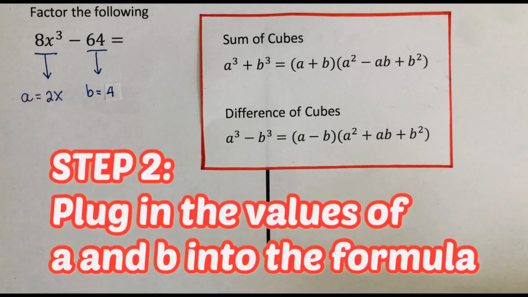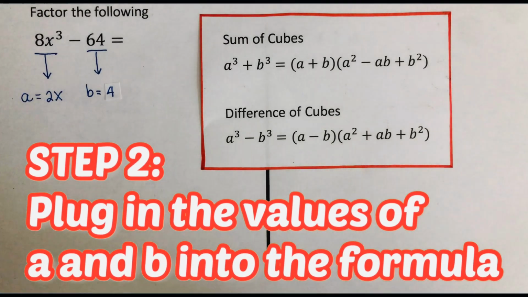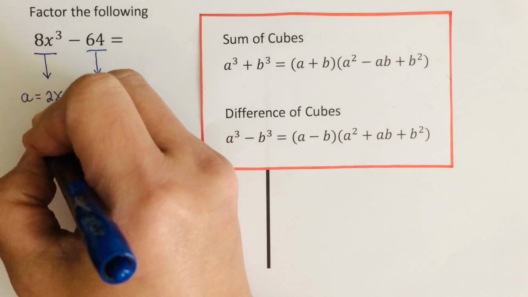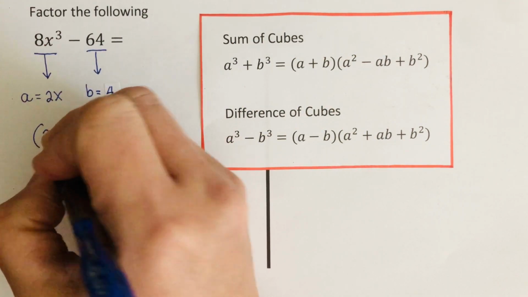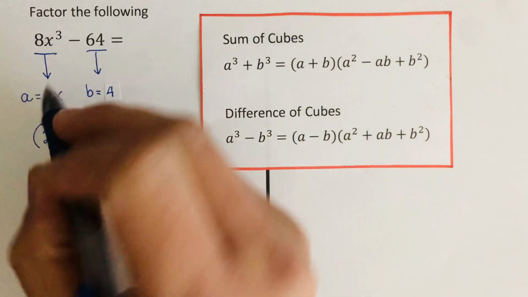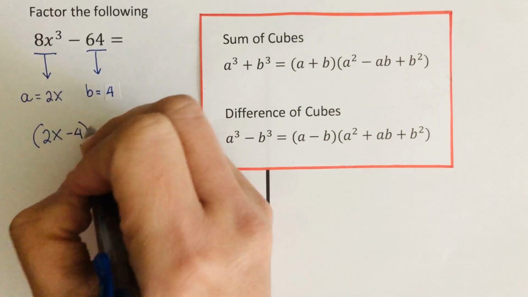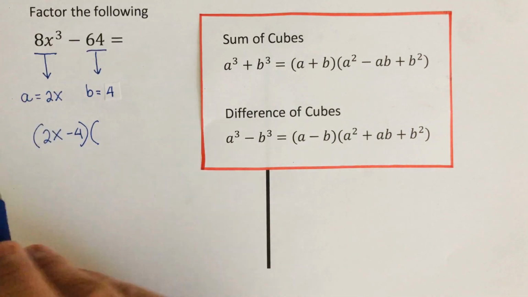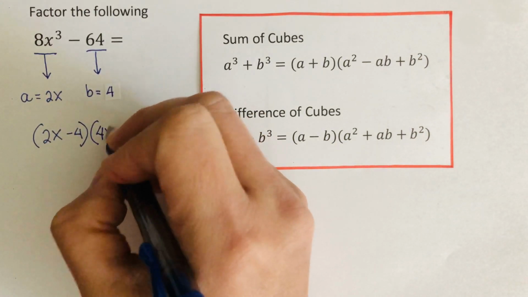Then we're ready to move on to the second step. The second step is to plug in the values for a and b into the formula. Since our a here is 2x, I can go ahead and write 2x. And then that's a minus b, that's a 4, so minus 4. Then parentheses, a squared, again our a is 2x, so 2x times 2x is 4x squared.